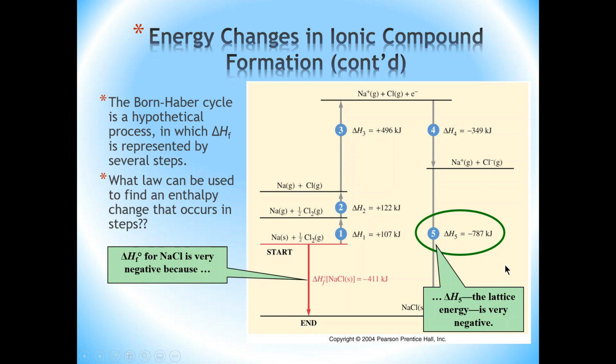And that is a reflection of how stable the sodium chloride is. And in fact, it is because of this relatively large negative value that the enthalpy of formation for sodium chloride is negative as well, which again supports the fact that sodium chloride is a stable compound like any other ionic compound.